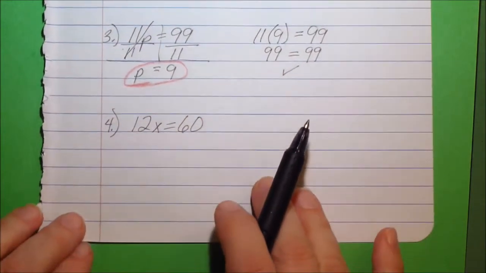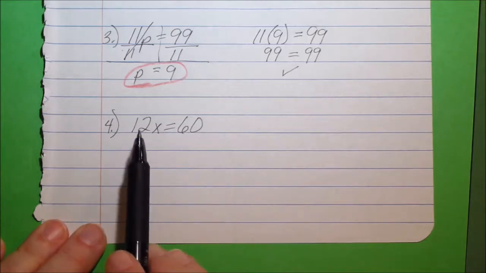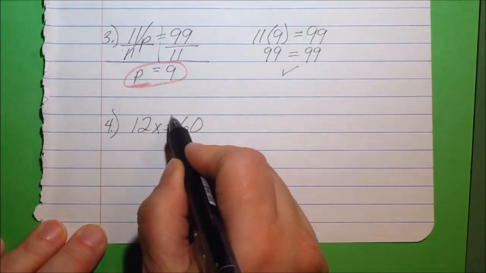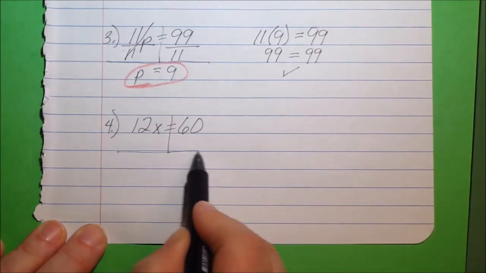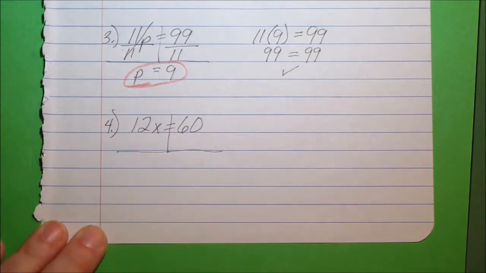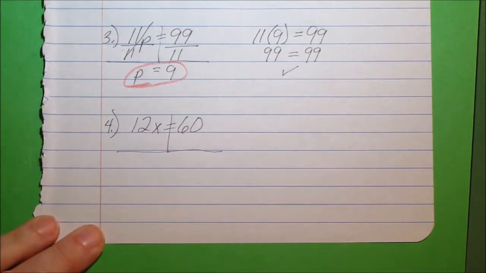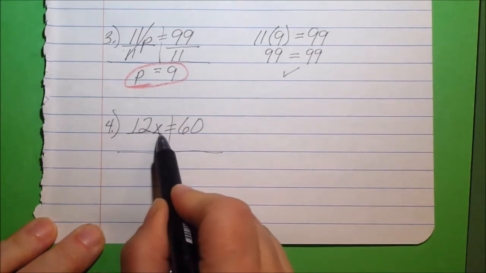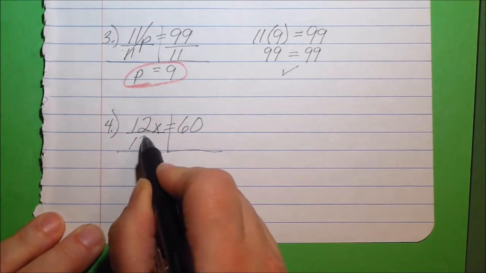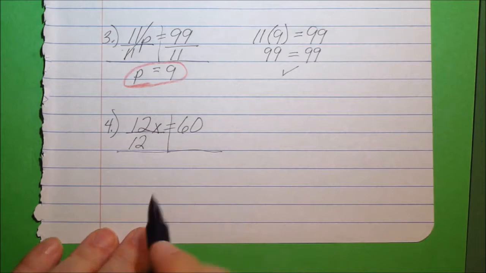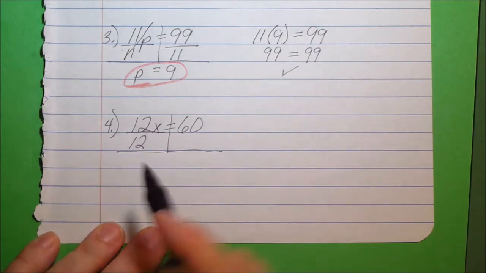All right, and the last one. 12x equals 60. Well, here's my fence. X has this roommate 12. He would like the roommate to go away. So we've got to do that. 12x means multiply. So the inverse of multiplication is division. We get rid of that x by dividing, we get rid of the 12 by dividing by 12.